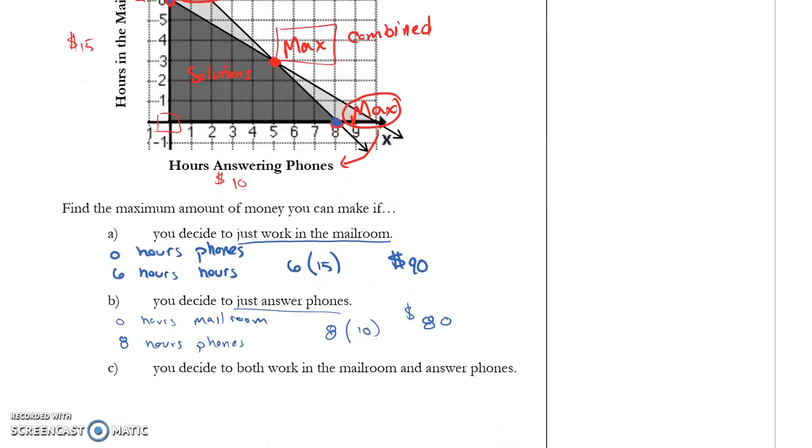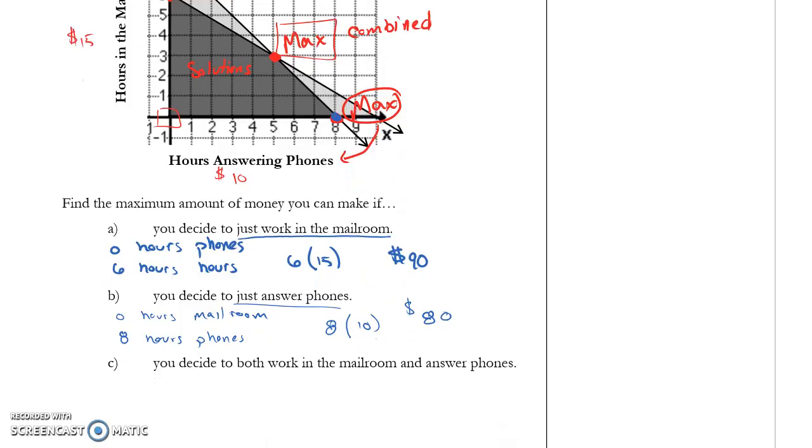And then our last one is, what if you decide to do both? You say, just schedule me for whatever you need. At that point, that's where we're talking about the intersection of our two lines. That's the max combined. And in this case, that means you would be working 5 hours answering phones and 3 hours in the mailroom.